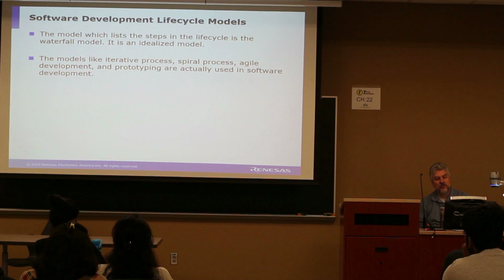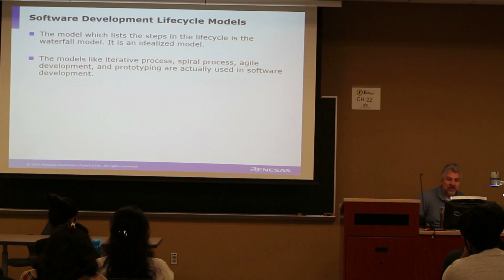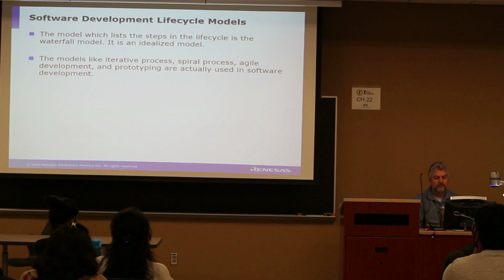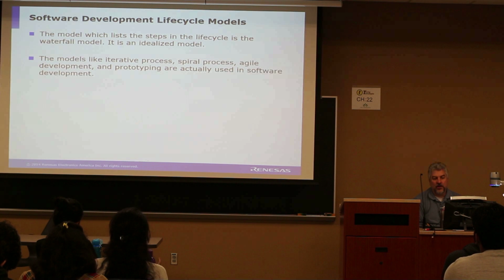We talked about software development lifecycle models. By the way, there is a complete software testing set of slides that I go through, and I'll do that later. There are all sorts of different development cycles to use, everything from iterative to spiral to agile. For example, I used something called Waterfall.